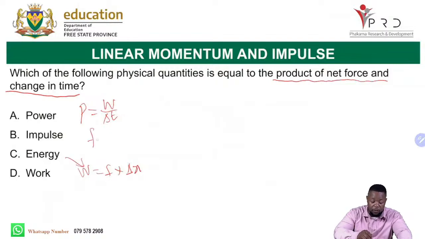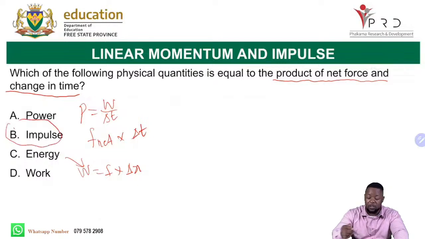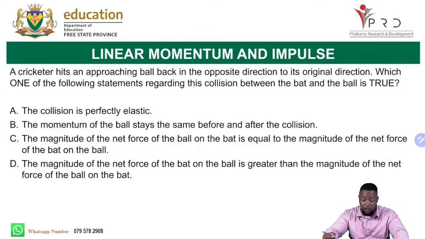And then for impulse, we'll have F net multiplied by delta T. So the question says, which of the following physical quantities is equal to the product of net force and change in time? Then it is very easy to see that the best option here will be B. So the best option for this question is B. Let's move quickly into the next question.